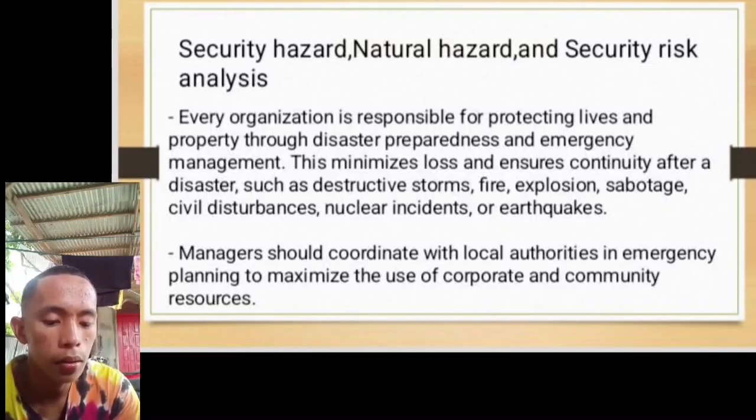Managers should coordinate with local authorities and emergency planning to minimize the use of corporate and community resources.